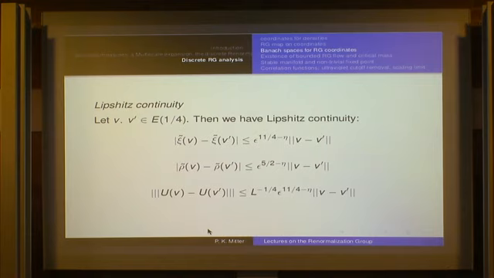The Lipschitz condition is just, if you vary within the ball, B and B prime, then you have these estimates. B minus B prime is the norm of B, and the norm of B minus B prime on the right hand side is calculated with the box norm that I gave earlier. So we have that.